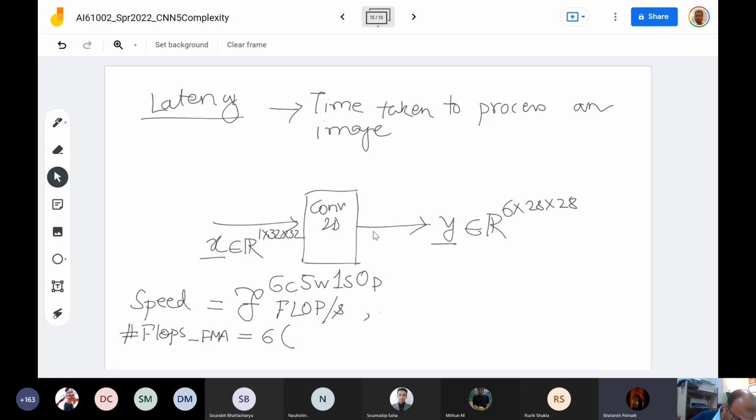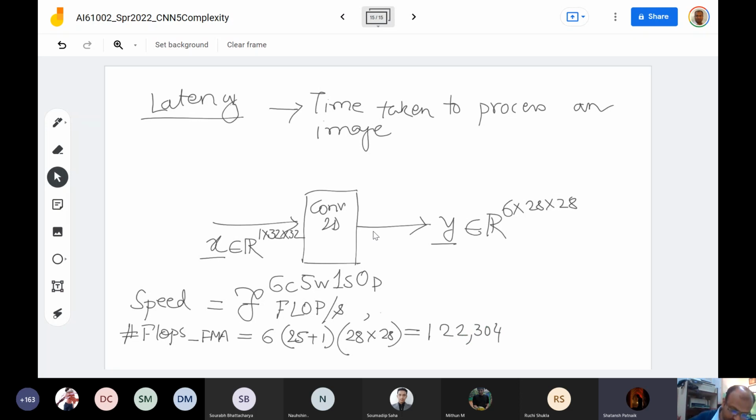So CWH plus 1 is 25 plus 1 into my output size, which is 6, 6 is already there, into 28 into 28. So what is this equal to? Six into 26 into 28 into 28. So this is 122,304.